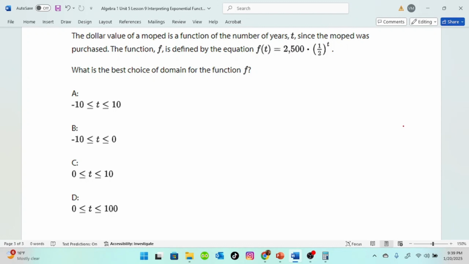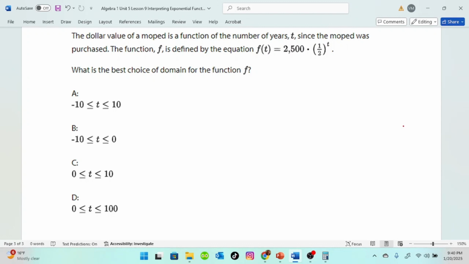Because even if you were to think that this wasn't a new moped, you would need to continually double if you were going backwards, because the inverse of 1/2 is 2. So if you tried to double it 10 times, it would become 5,000 after 1 year, 10,000 after 2 years, 20,000 after 3 years.